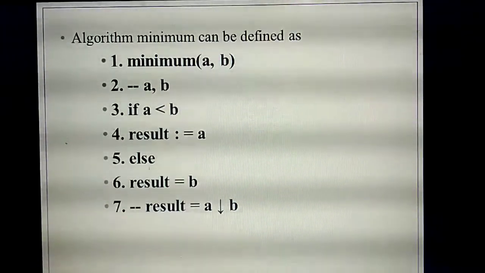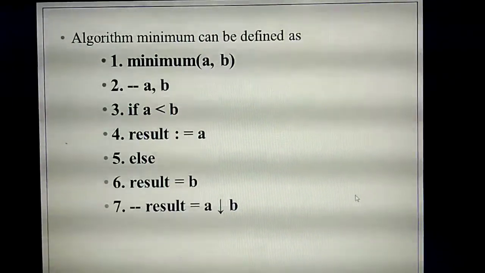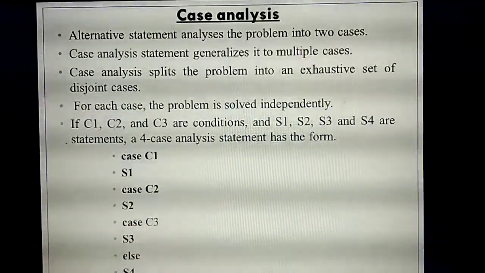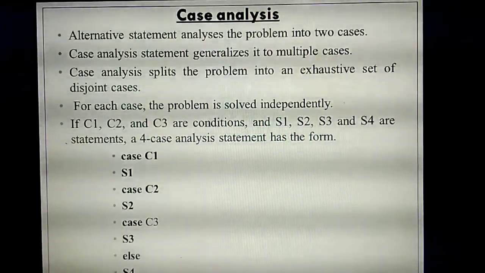If B is smaller, the else block will execute. You will get the answer either A or B as the minimum number. Understand? So this is the formula for writing an alternative statement. Next thing is case analysis. Here, using the alternative statement, we are going to analyze some problem in two cases.